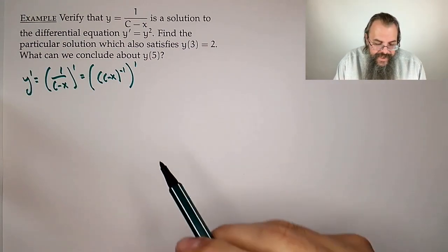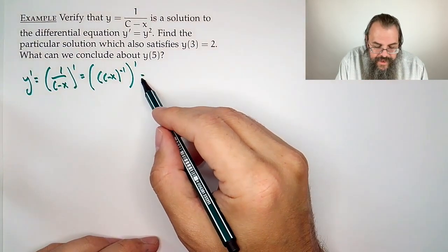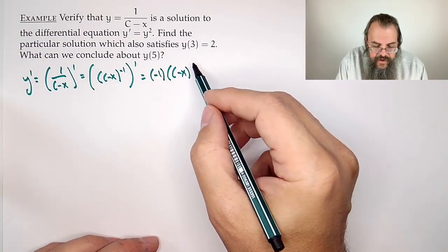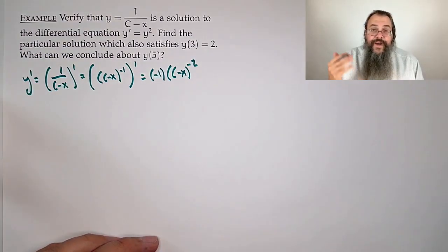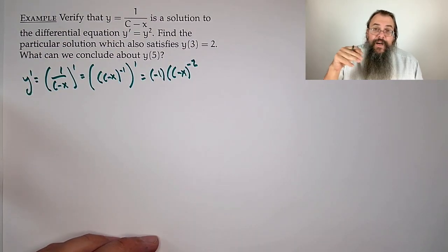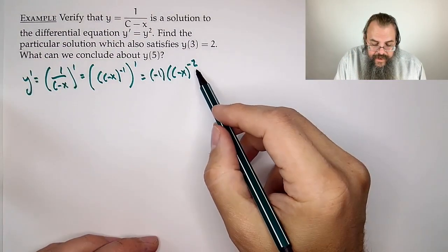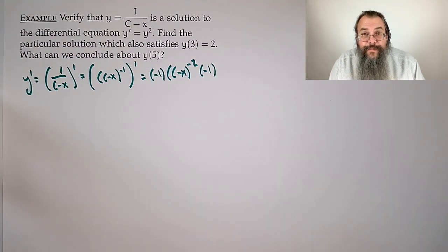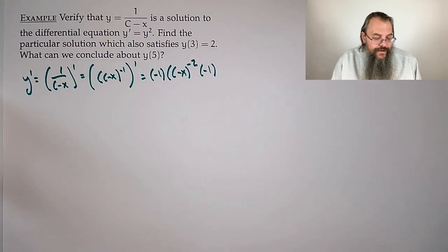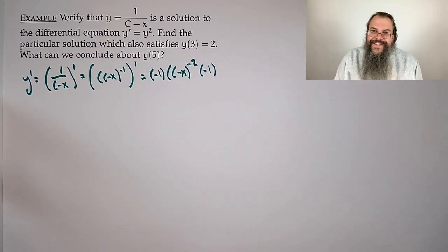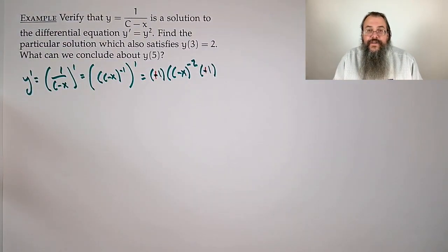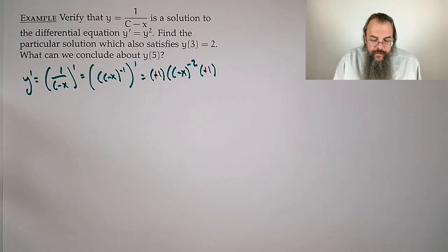We can do that. So we bring down our exponent, minus 1, c minus x to now minus 2, because we subtract 1 from the exponent, and multiply by the derivative of the inside. Well, the derivative of the inside is minus 1. And so we're in math, so 2 wrongs make a right. Well, no, but 2 negatives make a positive. So when we multiply a negative times a negative, we get a positive. And so what do we have?